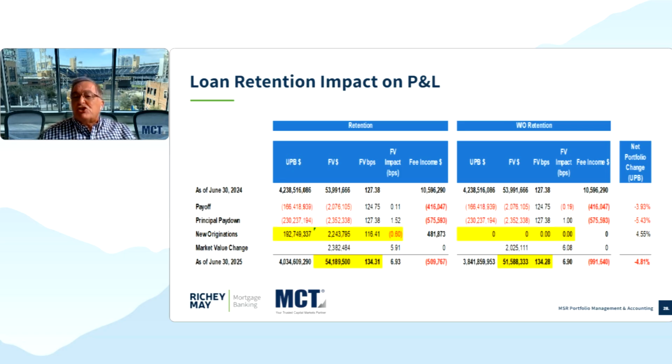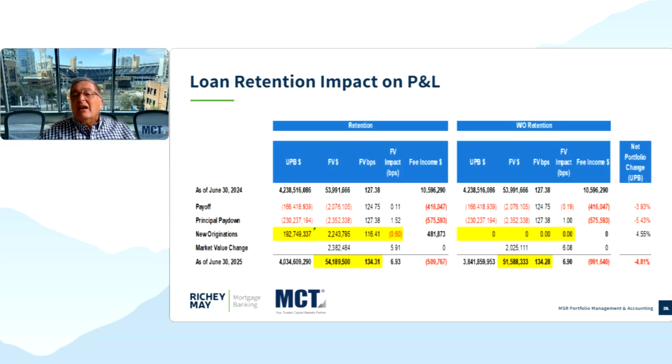The retained release chart that we saw earlier, we're seeing about 30% retention level. But in this particular example, this data right here was about 21% retention rate for this particular portfolio. That amounted, if you look to the right side, to about 4.5% of the entire UPB for the portfolio. But then if you look at the two lines above that, the payoff and principal pay down, the payoff rate is almost 4% UPB.